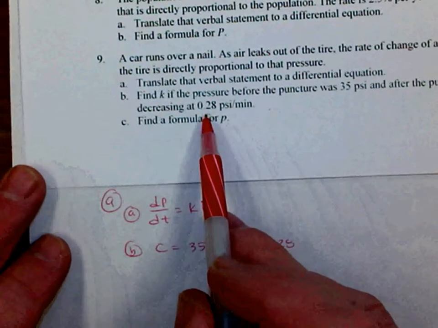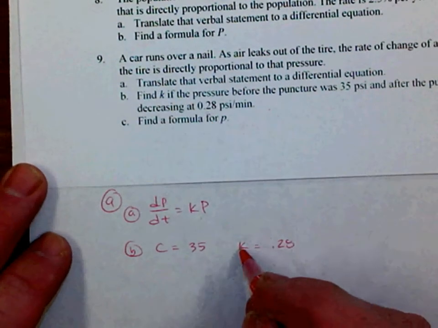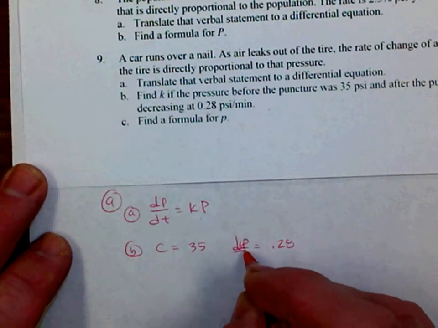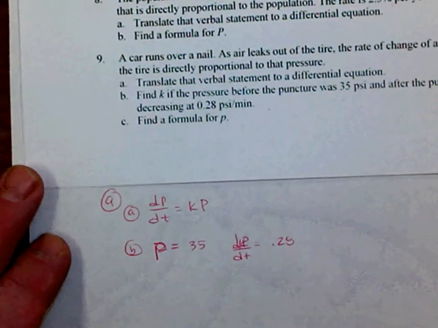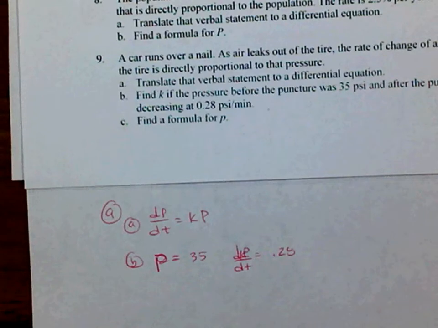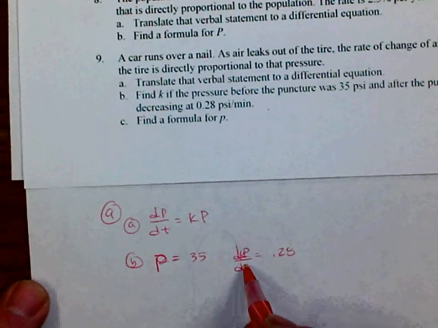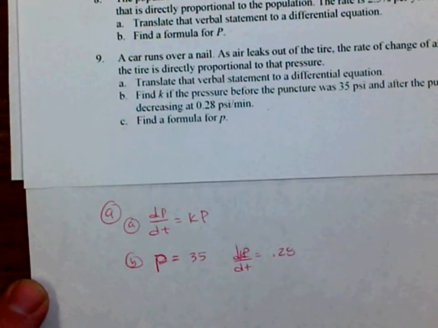We're looking for K. This is actually dP/dt, and this should be P, our original amount there. So using this equation, we're going to use that to find K.